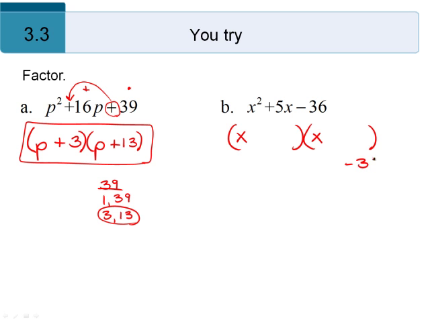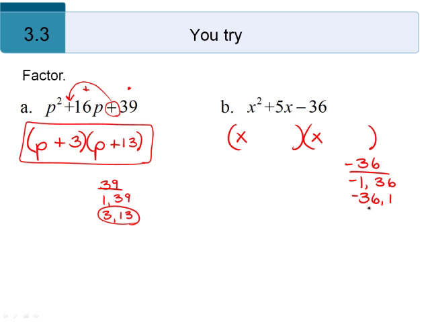This is where you have to be careful, because to get a negative, you can have one positive and one negative factor. So when you write down your factors, take a minute and flip them and give each number a chance at being the negative factor. Negative 1 times 36 is negative 36, but if you add it, you get 35, and the second set gives you negative 35.